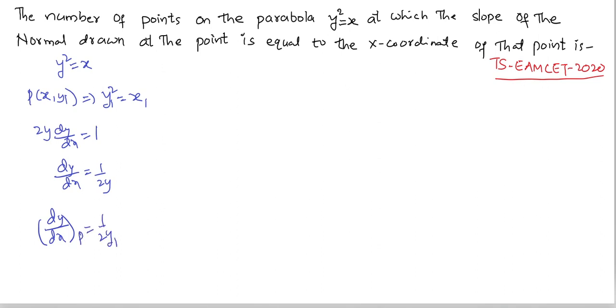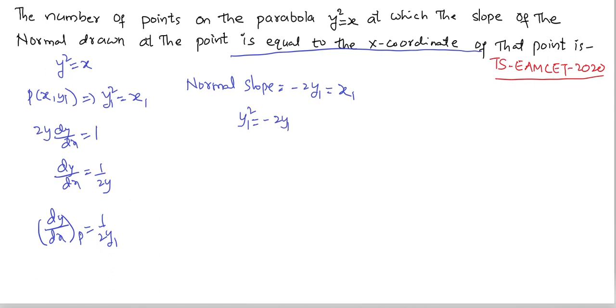So this is the tangent slope, and the normal slope is equal to minus 2y1. This normal slope is equal to the x coordinate of that point, that means minus 2y1 is equal to x1. So substituting the x1 value in the given equation y1 square is equal to x1, with x1 equal to minus 2y1, we get y1 square plus 2y1 is equal to 0.